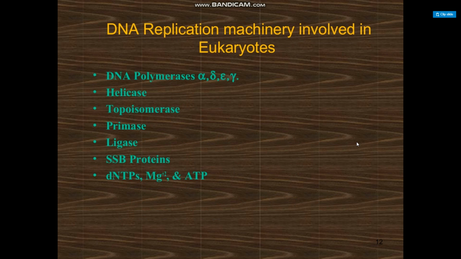The DNA replication machinery involved in eukaryotes includes DNA polymerase alpha, delta, epsilon, gamma, helicase, topoisomerase, primase, ligase, SSB (single-strand binding protein), dNTPs (deoxynucleotide triphosphates), magnesium, and ATP.